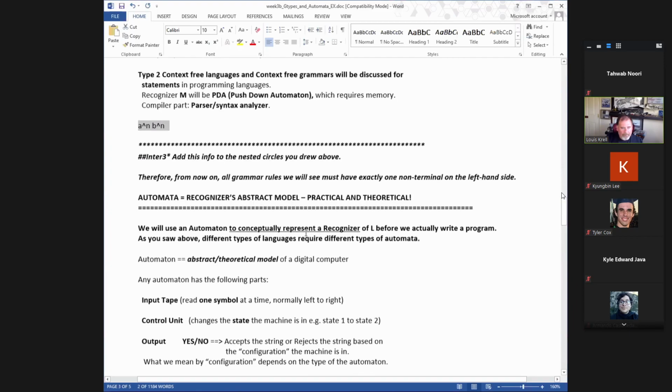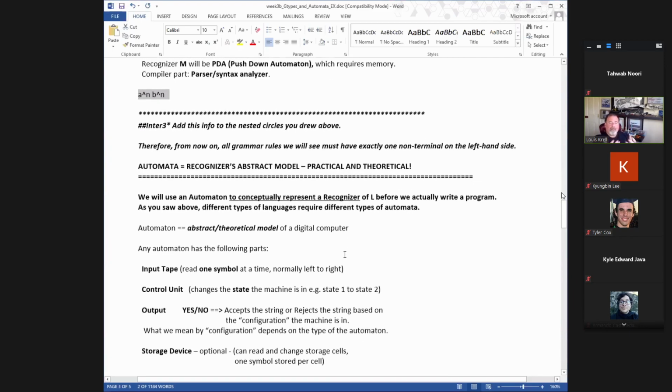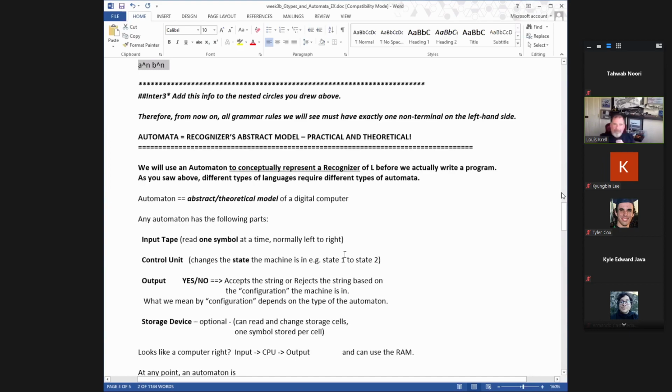So we talk about an automata being an abstract model for the recognizer, for the parser. We're going to use the automaton to conceptually represent a recognizer of a language before we write a program. So in a way, the automaton is our model. It's the design.